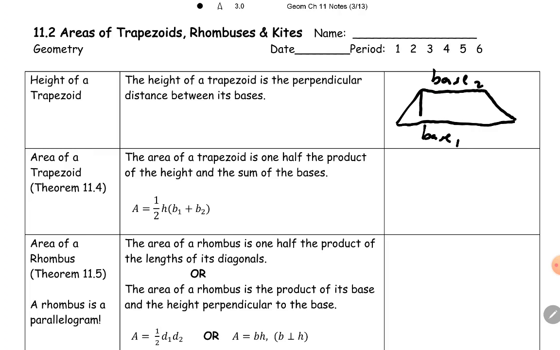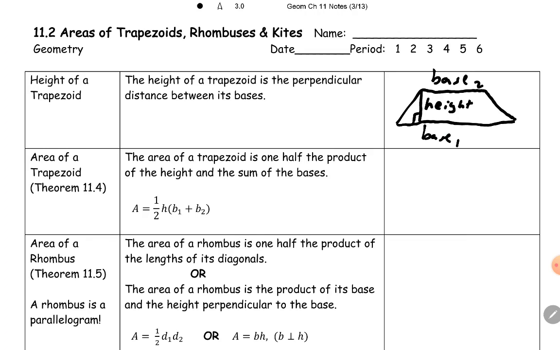And then we have a height here. And that's a right angle. Okay.